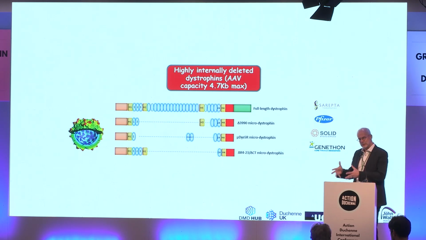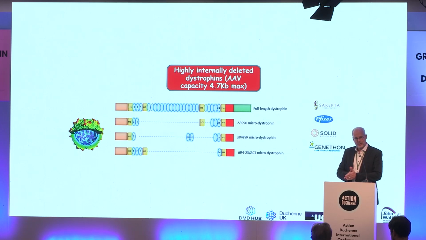And we said that this natural history study serves to learn more about the trajectories of the patients that will then be included in a gene transfer or gene replacement trial.